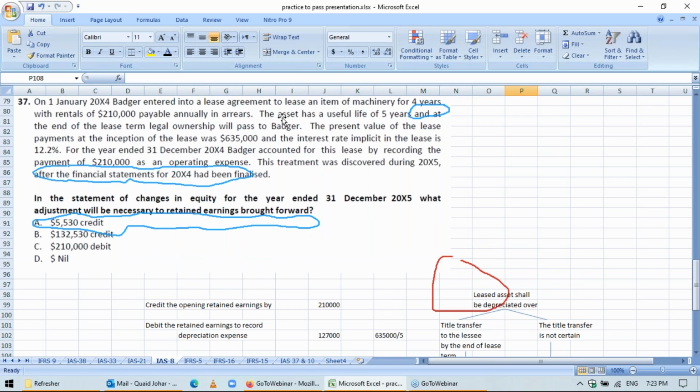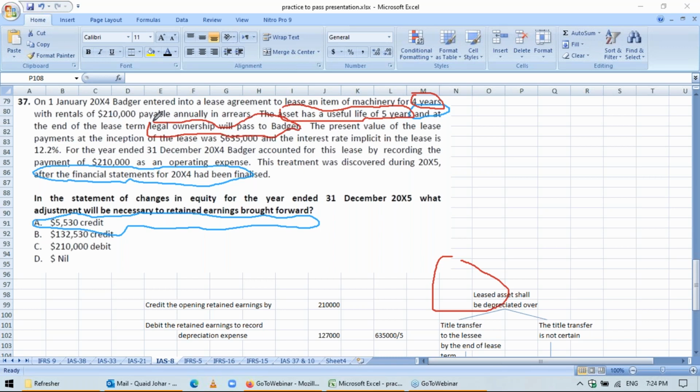According to the question, the asset has a useful life of 5 years and the lease term is for 4 years. Now what to do? The important thing was that the legal ownership will pass to Badger.